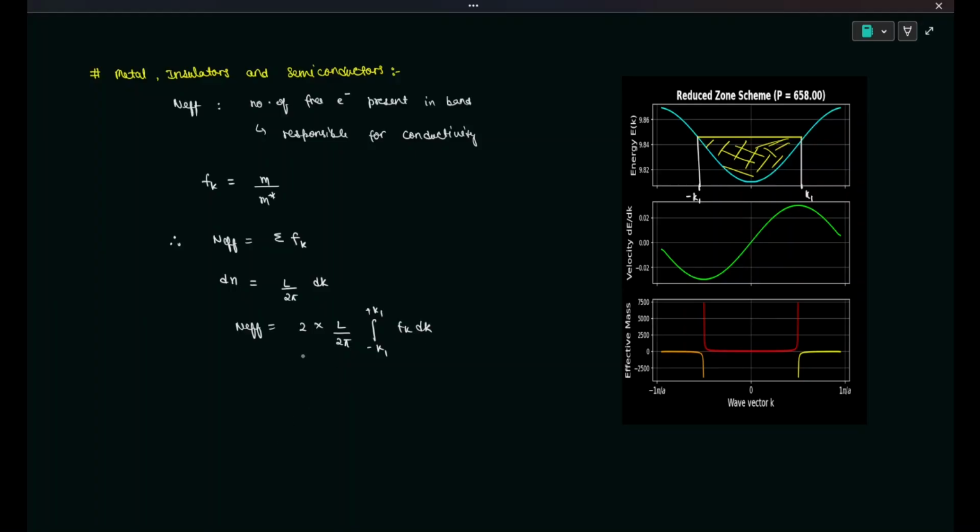So this is the number of free electrons present in this band, which are responsible for conductivity. If you simplify this, the 2 gets cancelled with this, and you will be left with L divided by pi, and then the integration of fk from minus k1 to plus k1.